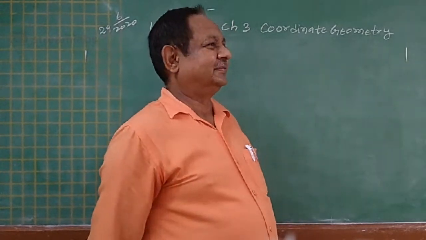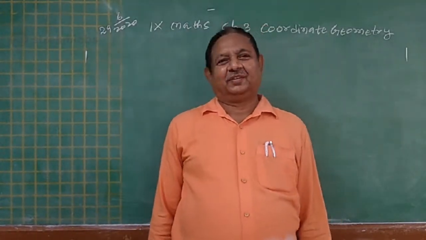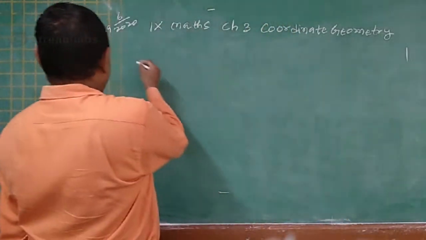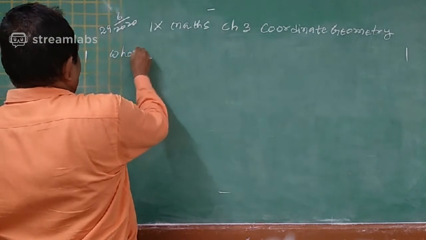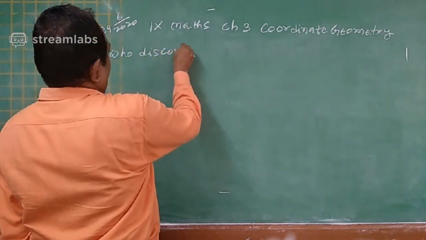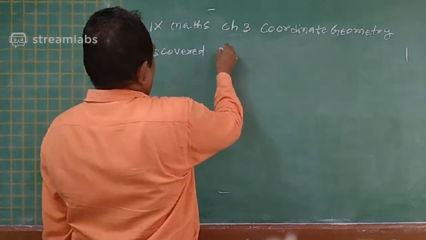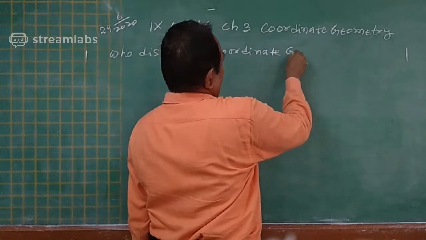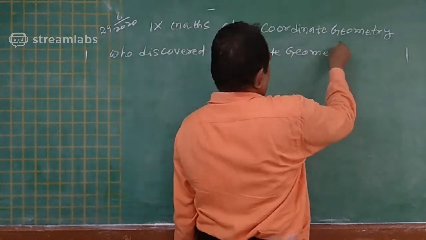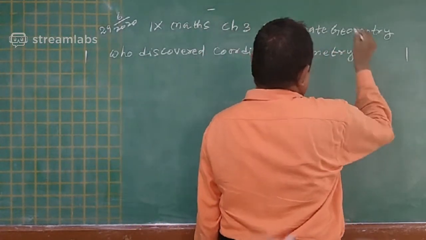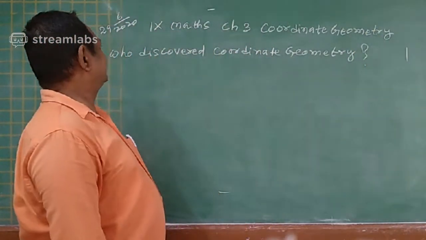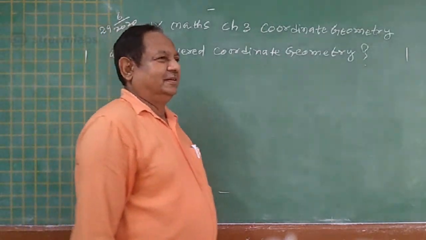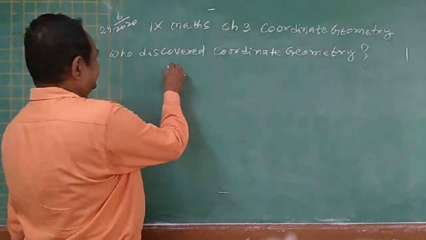Who discovered coordinate geometry? It was René Descartes.